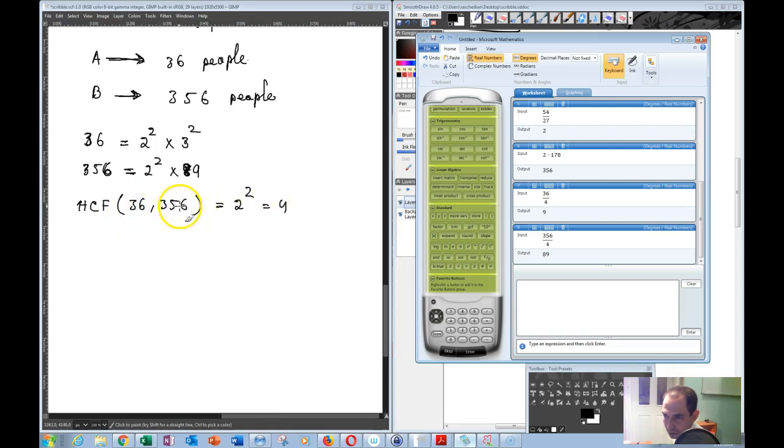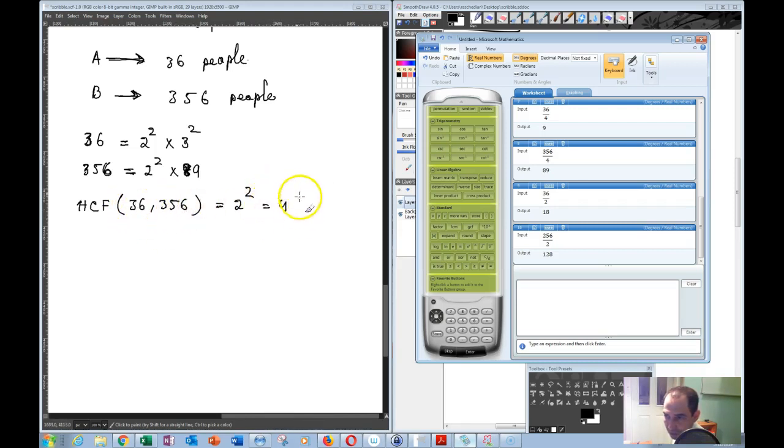You could argue that both of these numbers are also divisible by 2, meaning that 36 divided by 2 is going to give you 18, and 356 divided by 2 is going to give you 178. But this is the largest number on which both of these numbers are divisible.